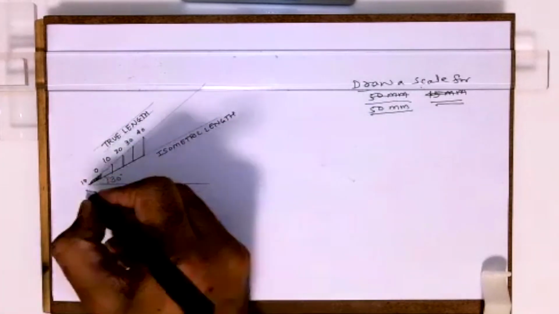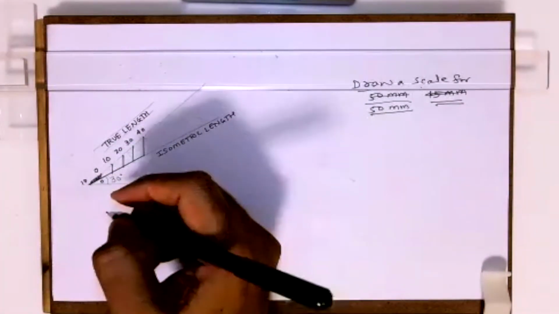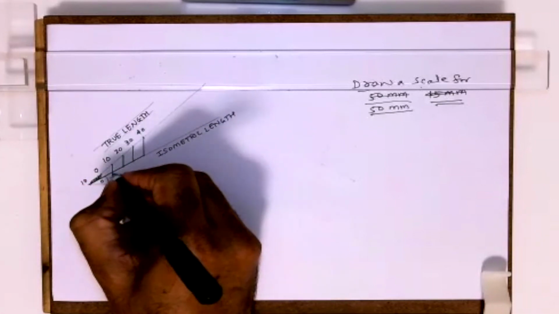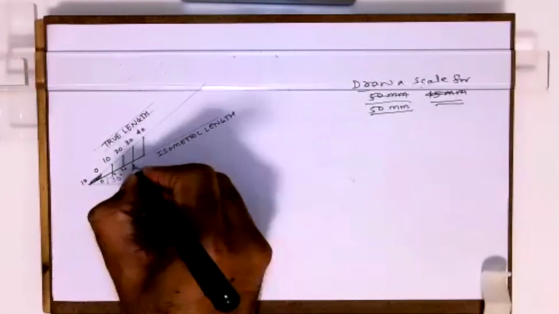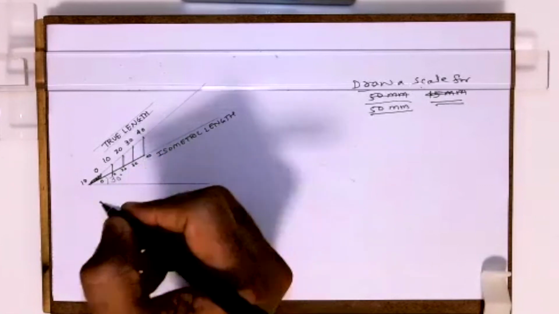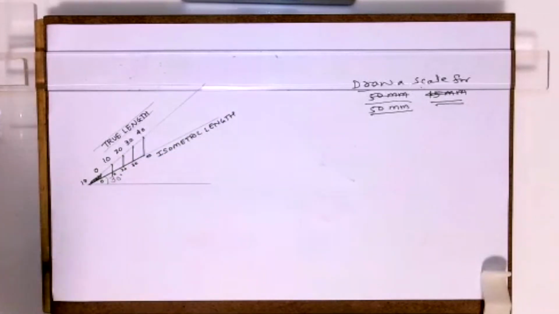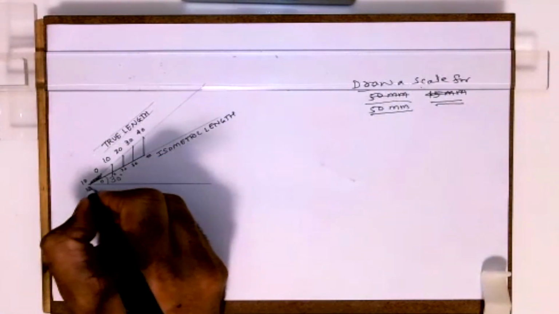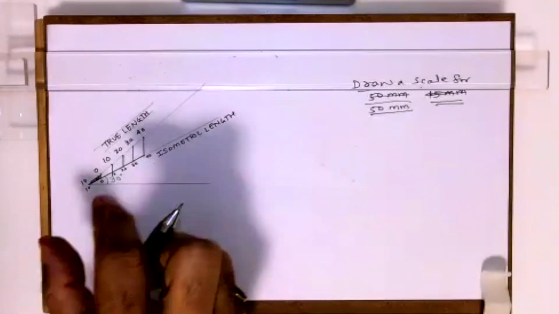Got it? Now this is 0. Lower one is also 0, 10, 20, 30, 40.